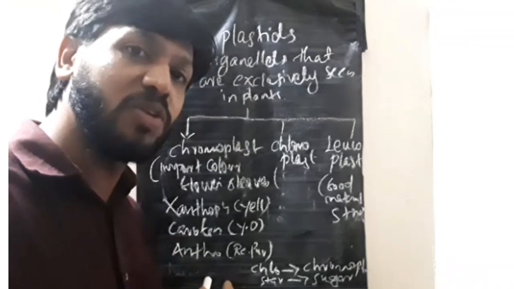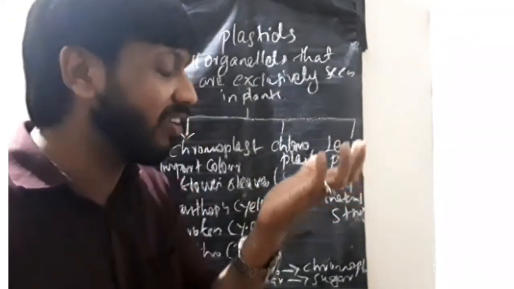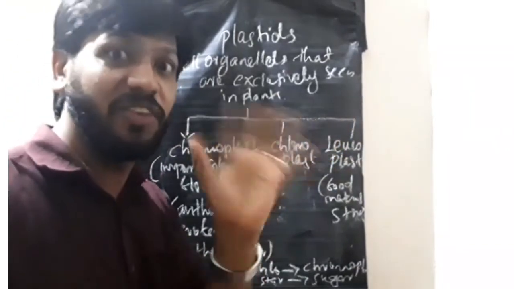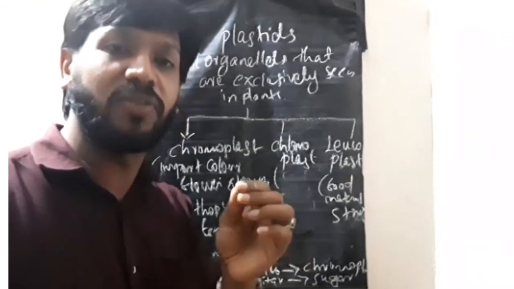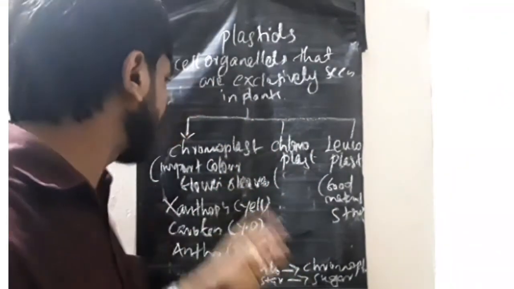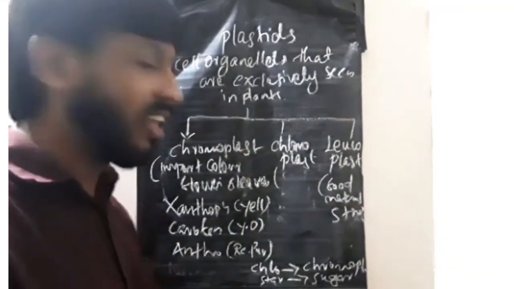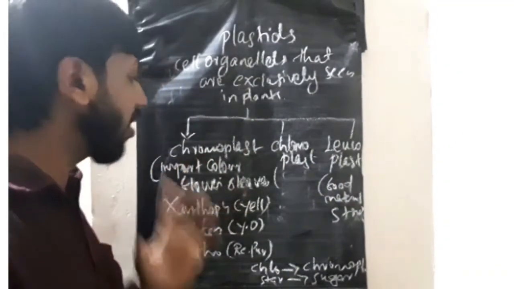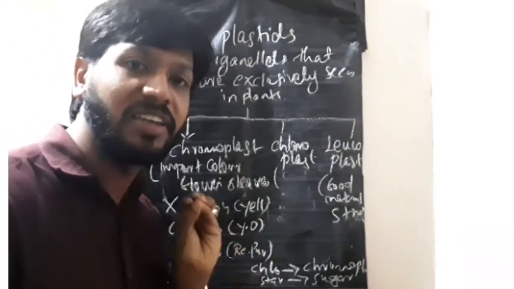When we take a flower, the color of the flower may be red. When we take other leaves, you can see colorful leaves. That is due to the presence of chromoplast, not chloroplast, not leukoplast. Chromoplast imparts color to the flowers and leaves.